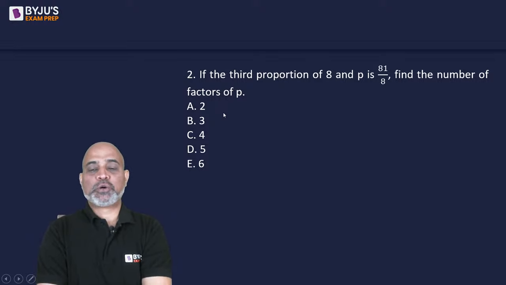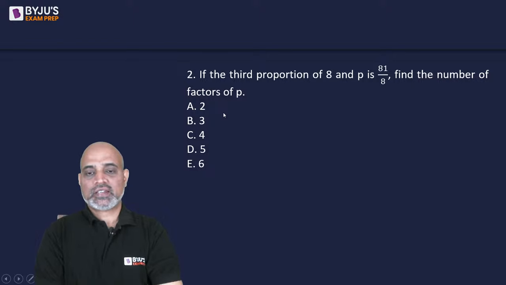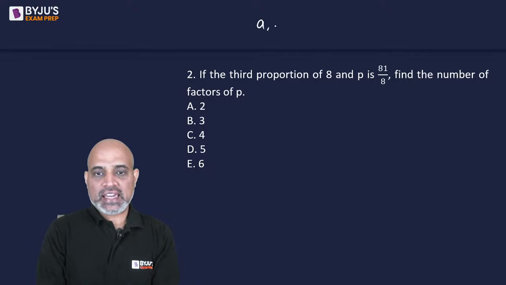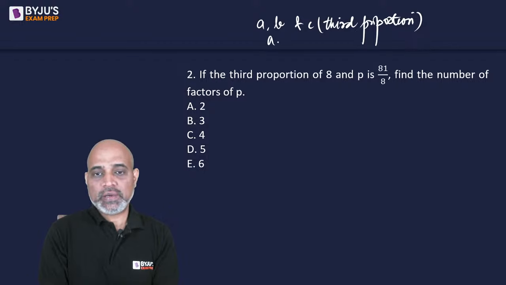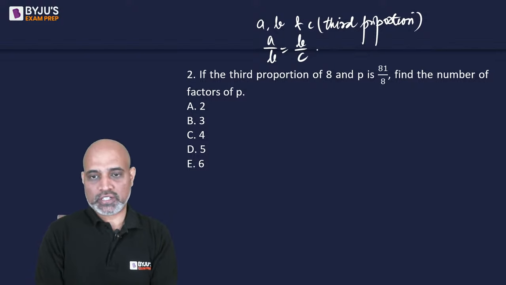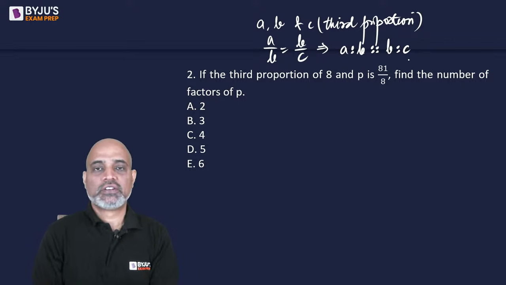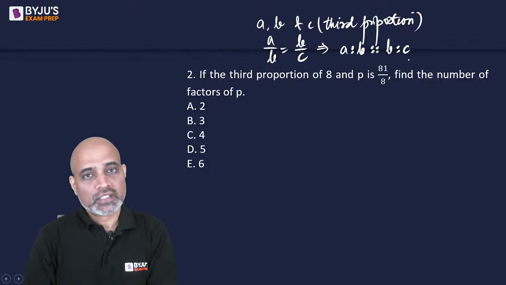So what do you mean by the third proportion? See, if we say A and B and C, where C is the third proportion, it means A by B will be equal to B by C. So that C is the third proportion. इसको ऐसे भी समझ सकते हो आप, A is to B is proportional to B and C, where C is the third variable that you see in the sequence, right?